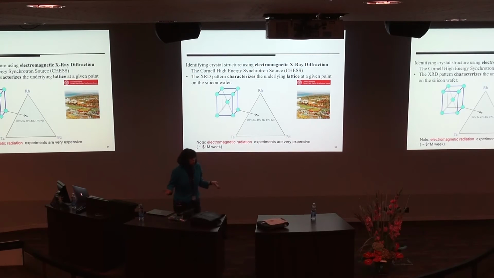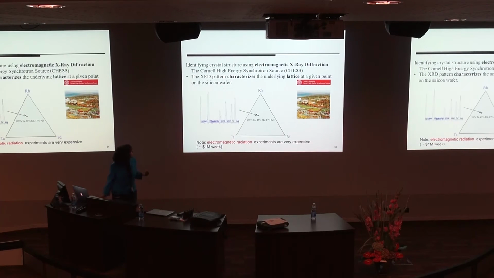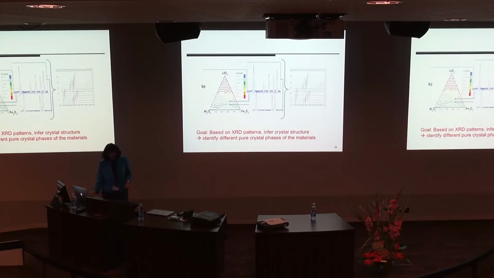But we don't know what the crystal structure is, and we would like to know that. That is as important as finding the structure of DNA. But the only thing they can do is to take X-rays using the synchrotron, and that's what we get. So our problem is that we have different X-ray diffraction patterns, and we want to infer the different crystal structures of the elements.